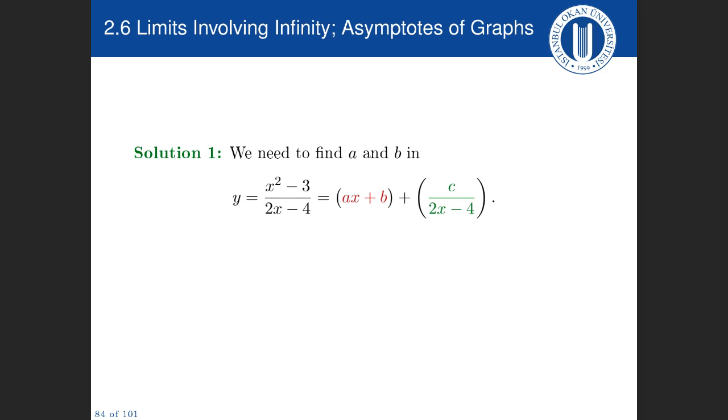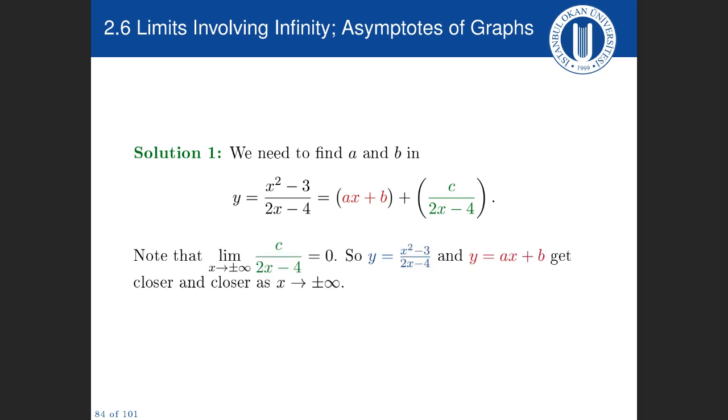I'm saying we need to find numbers a and b in this equation. I want to write that the rational function we have is equal to a linear function plus this green function, which is a remainder function. Note that the limit as x tends to plus or minus infinity of this green function is 0.